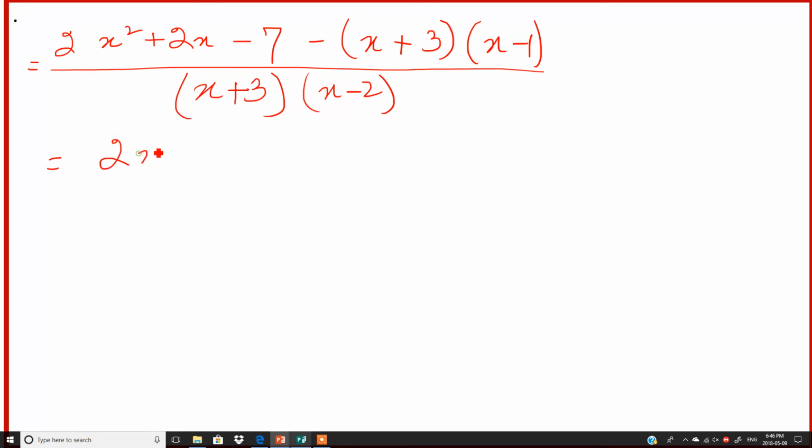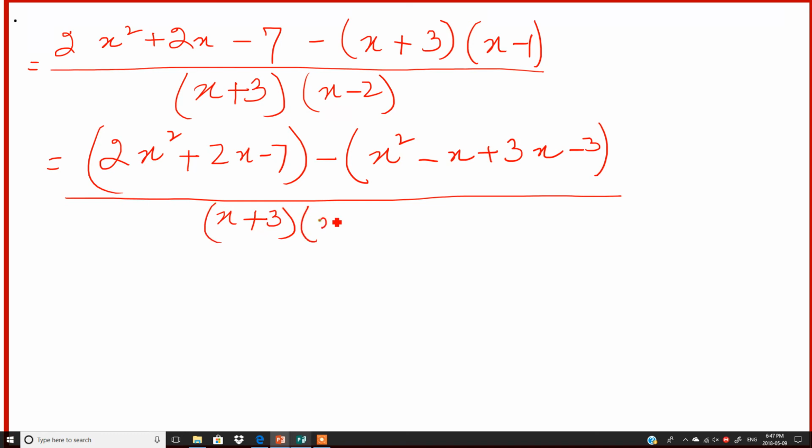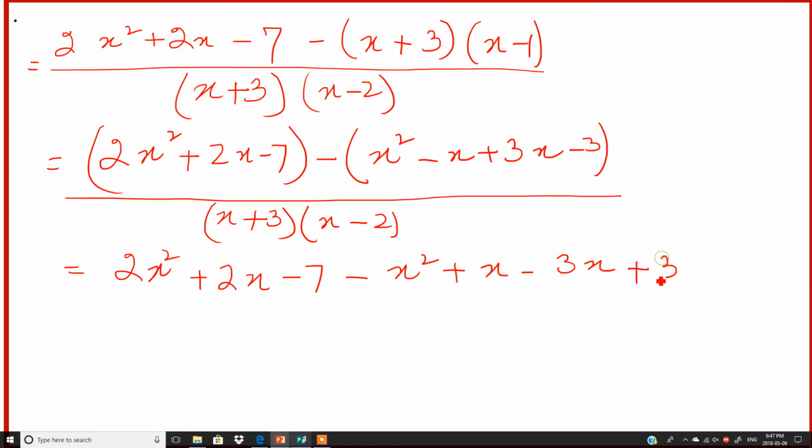First we have to multiply these two parentheses, then we will change the sign. x square minus x plus 3x minus 3, and then x plus 3 into x minus 2. So it will be 2x square plus 2x minus 7 minus x square plus x minus 3x plus 3.